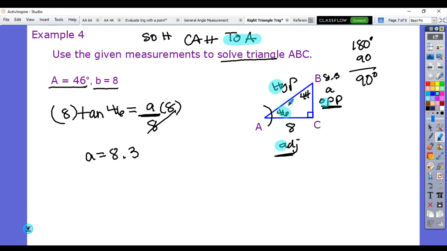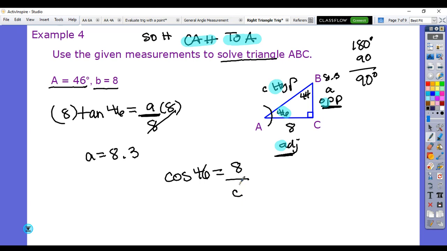Which one uses AH is cosine. So now I'm going to take cosine of 46. And that equals, my adjacent side is 8 divided by my hypotenuse. Let's call that C because that's across from big C. So that's going to be my little c.